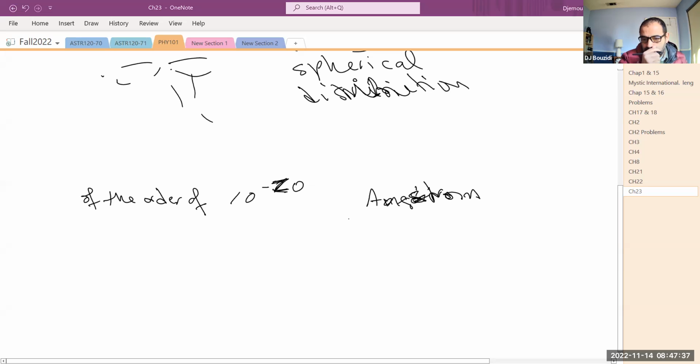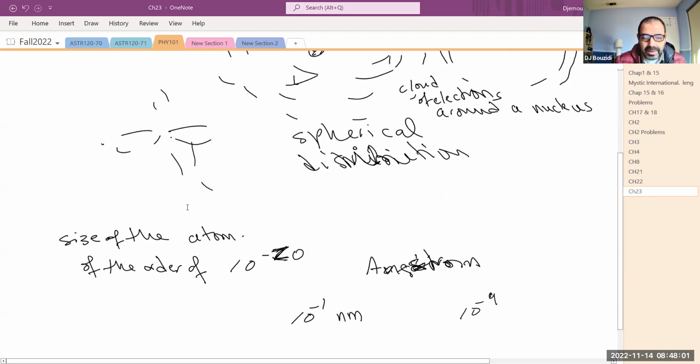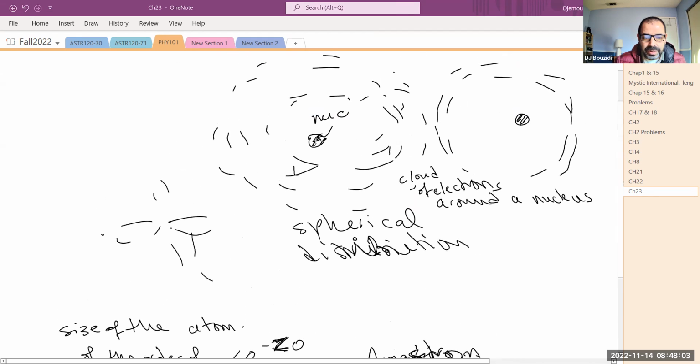Okay, so this is the size of 10 to the negative 10, or it's just 10 to the negative 1 nanometer, basically, because a nano is 10 to the negative 9, so you have to add another one. So that's the size roughly of the atom, meaning the entire atom from end to end.